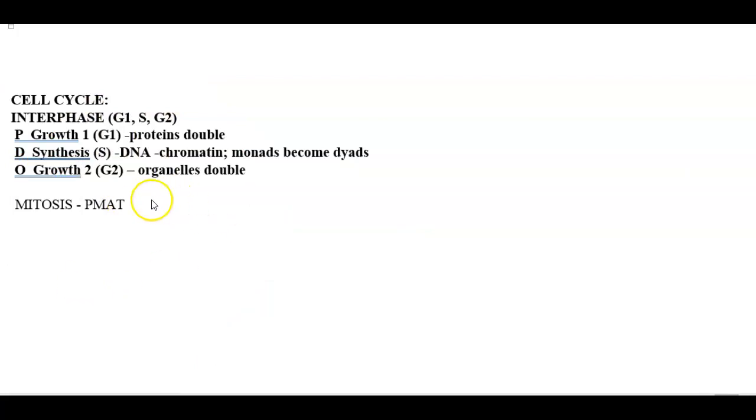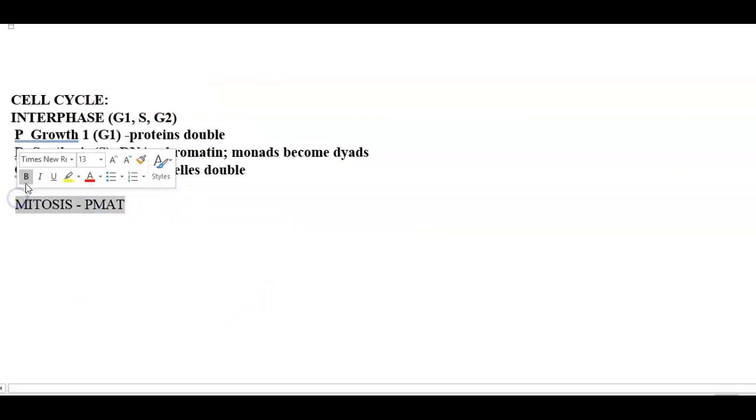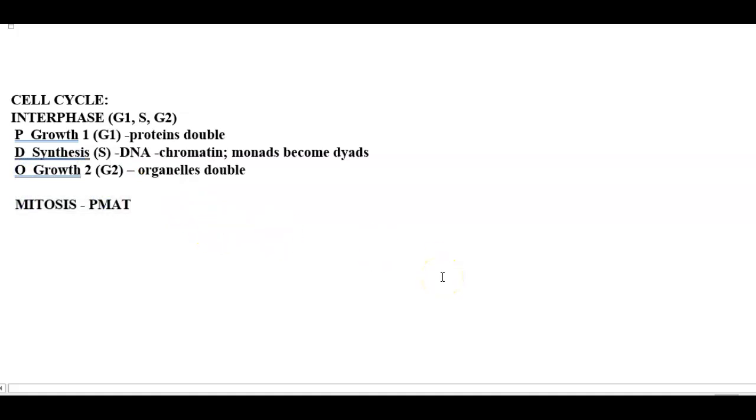Alright, mitosis. Make that in bold here. PMAT. That will really help you remember the order of the steps. So a cell cycle has two phases, interphase and mitosis. Interphase is made of 3 parts, and mitosis, 4 parts.